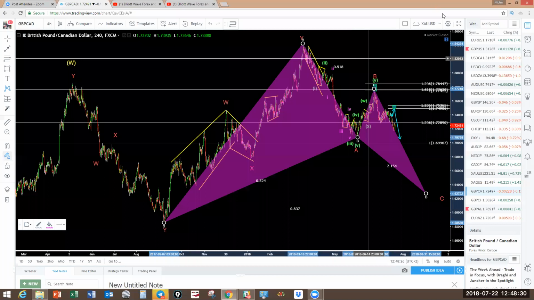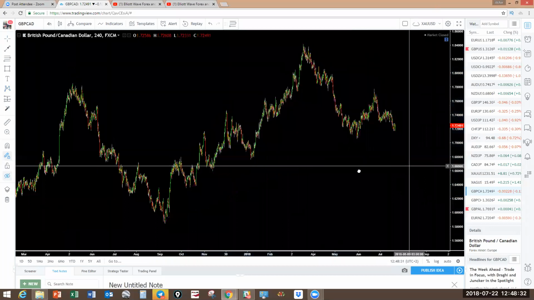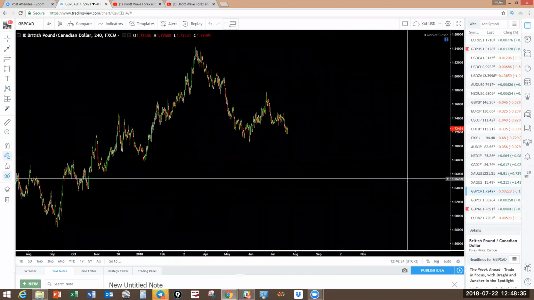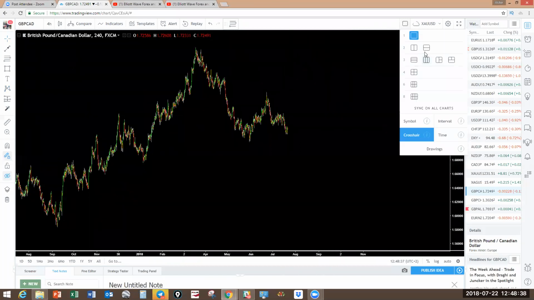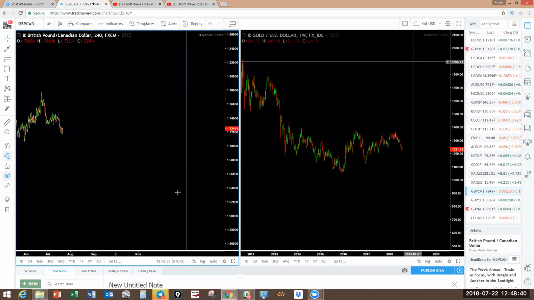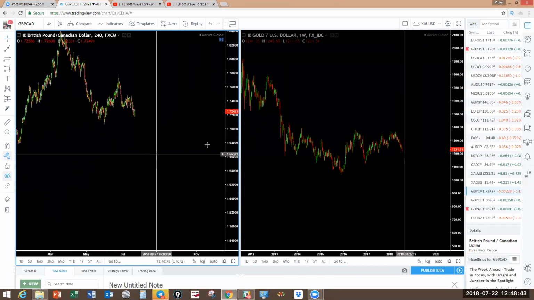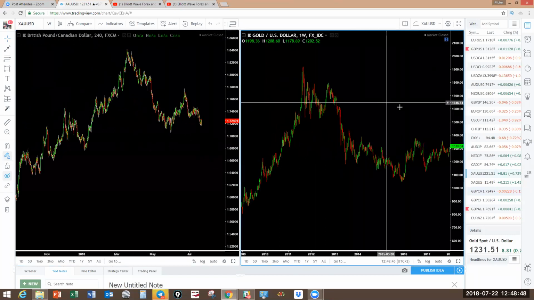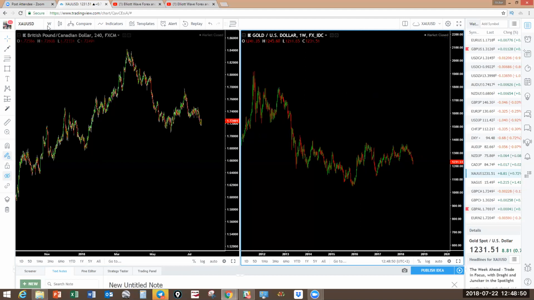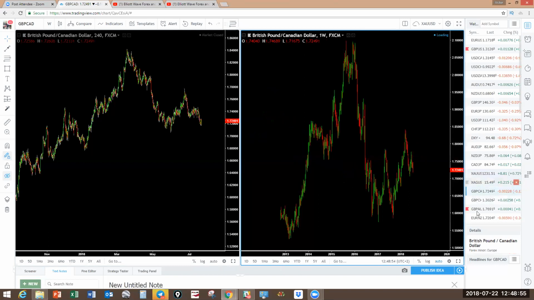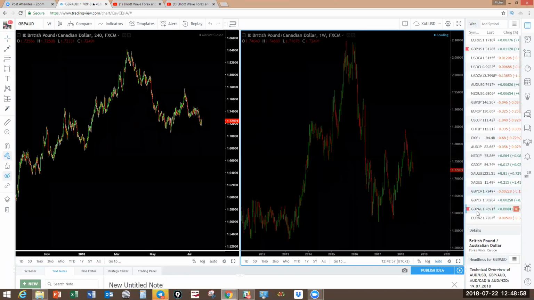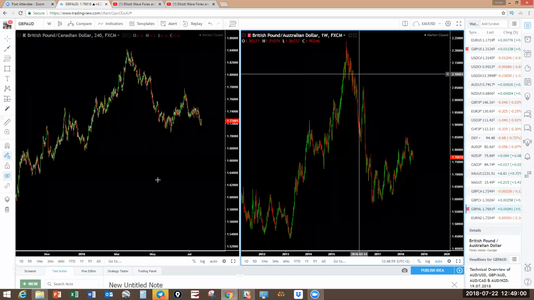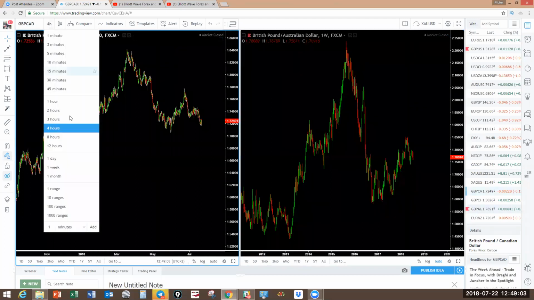Let's go look at pound AUD, and you'll see exactly what I mean by that. I'm going to bring up pound AUD now. Let's look at them both in one screen. I've done this a couple of times. Those who watch the webinars know what I'm talking about. There's a clear correlation between pound AUD and pound CAD. So let's put pound AUD on the right-hand side, and let's put them both on the daily chart.